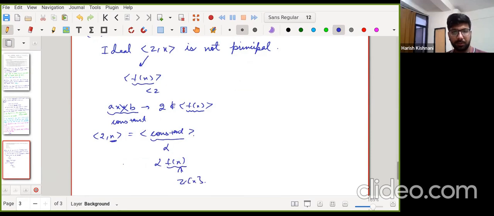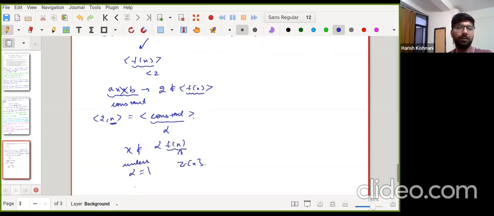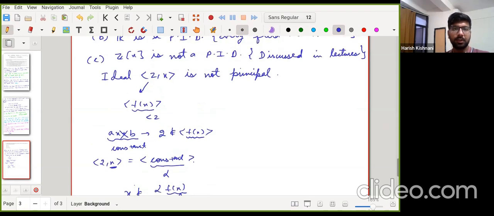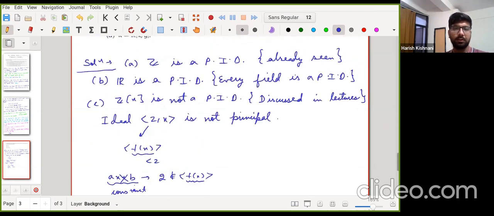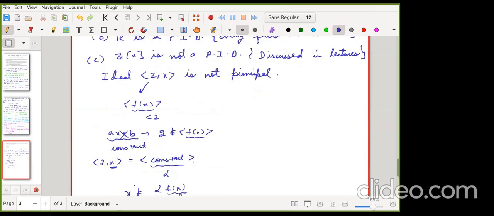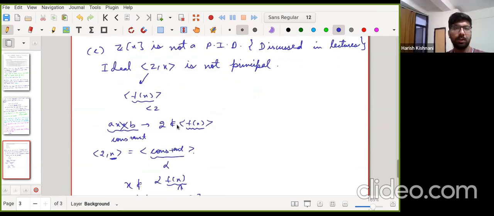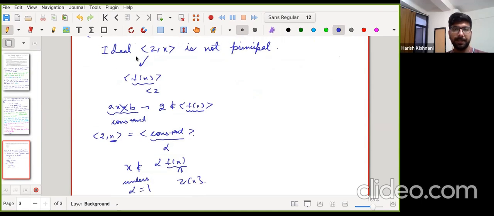So x does not belong to the ideal generated by alpha unless alpha is 1 or minus 1. But if alpha is 1 or minus 1, then that's a unit, and that will generate the entire ring Z[x], the whole ring. But (2, x) is not the whole ring. So that's a problem.